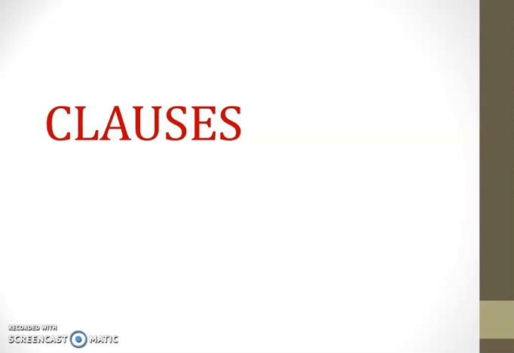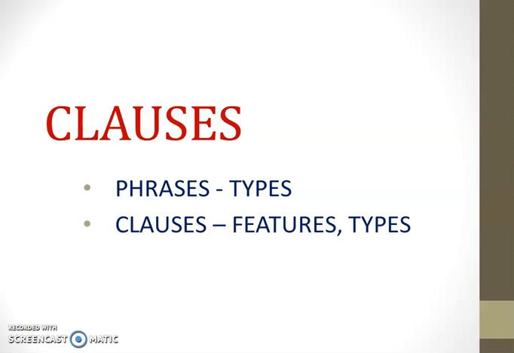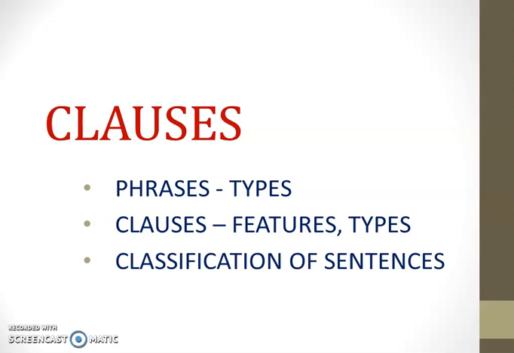So in this session, we are going to discuss in detail about phrases and clauses. Initially, we'll take a look at phrases and the different types of phrases. Then we'll move on to clauses, the features of clauses and the different types of clauses. And finally, we'll also discuss the classification of sentences based on the structure of clauses in sentences.